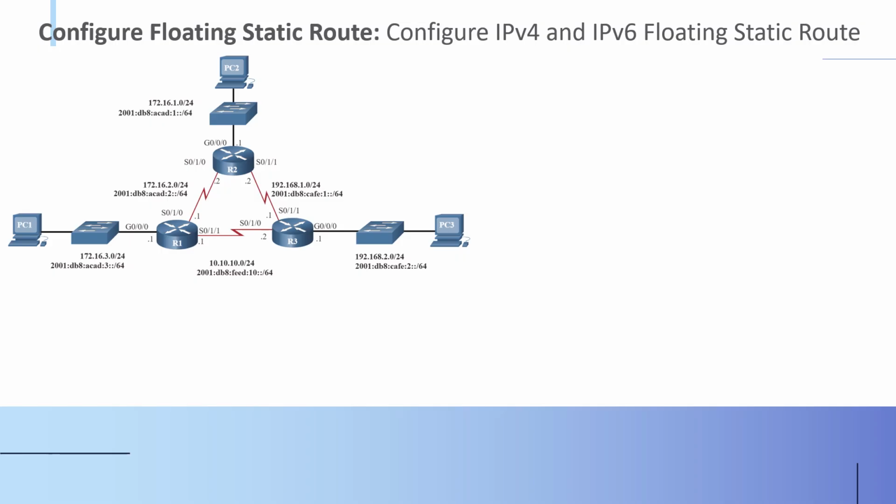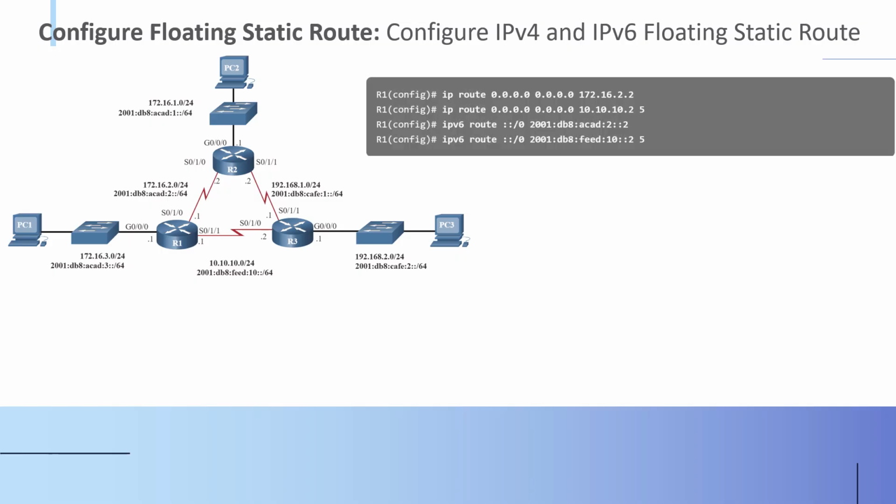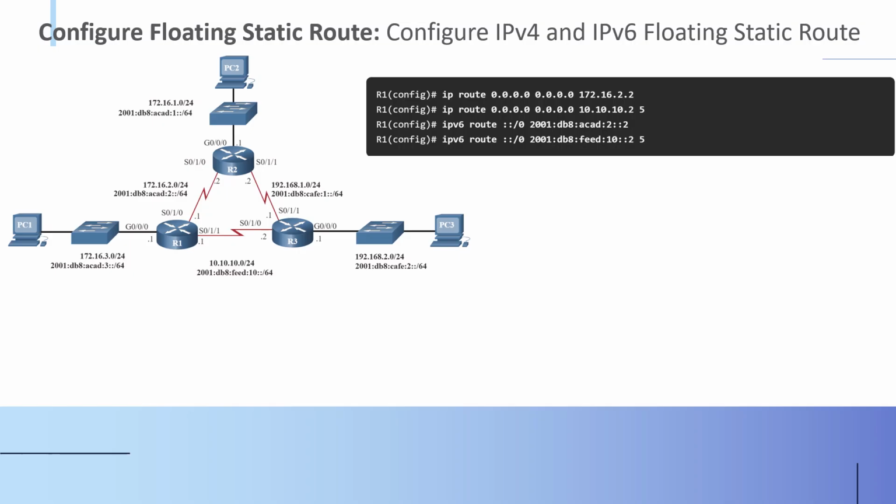In this scenario, router 2 is preferred as the default route for router 1, and the connection with router 3 should be used only as a backup. Here are listed the commands that configure the default static route, which points to router 2. Because no administrative distance is configured, the default value will be 1 for the static routes.